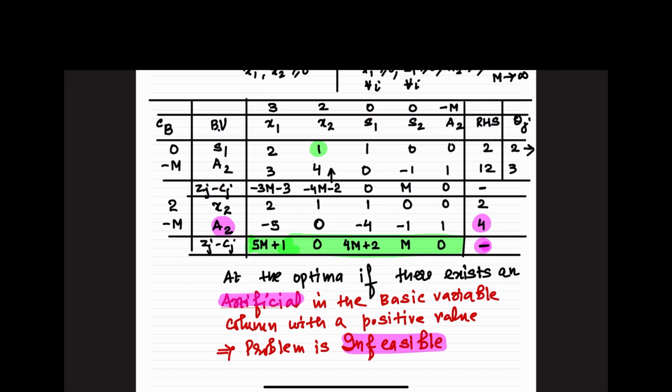So the artificial variable is left in the basic variable column and its value is positive. This implies the problem is infeasible.